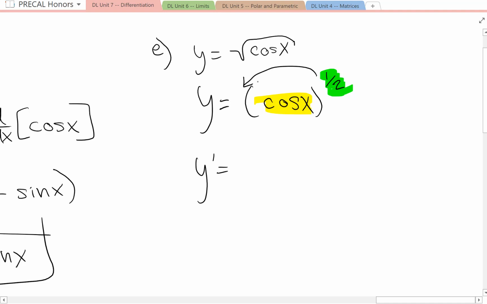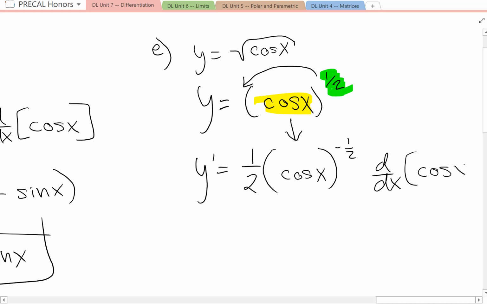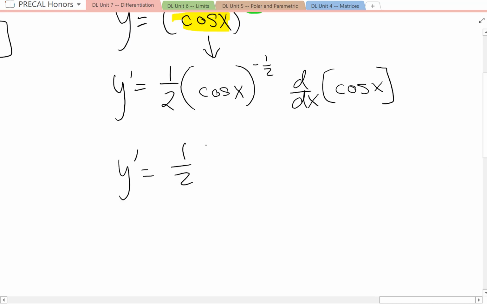So the derivative of the outside times the inside times the derivative of the inside. One half cosine x to the negative 1/2, that'll end up going into the denominator, times the derivative of cosine, which is negative sine x.